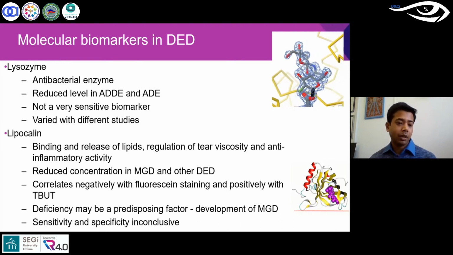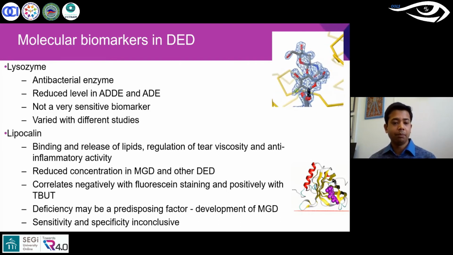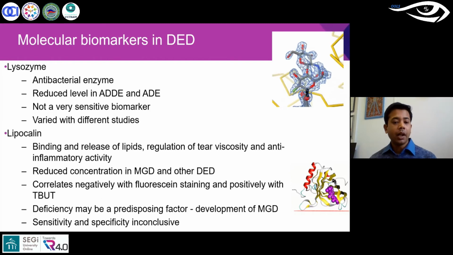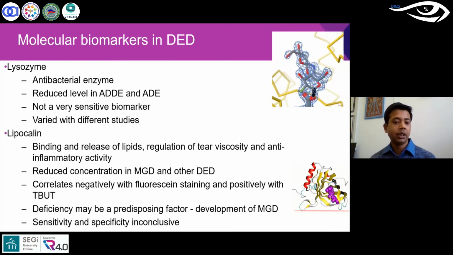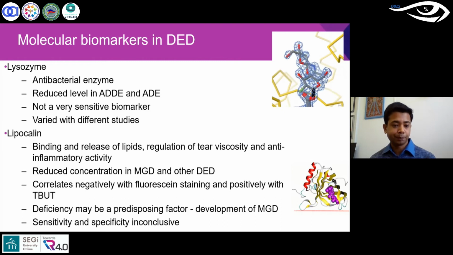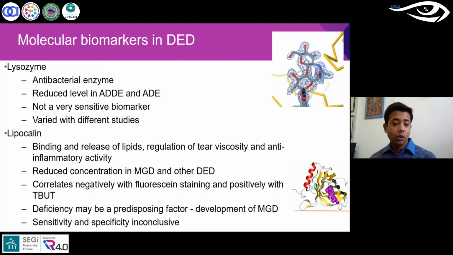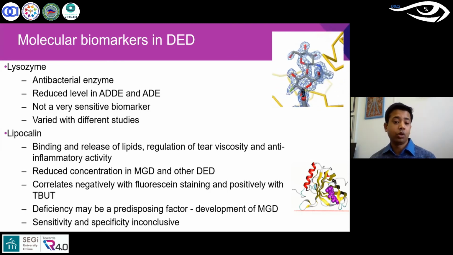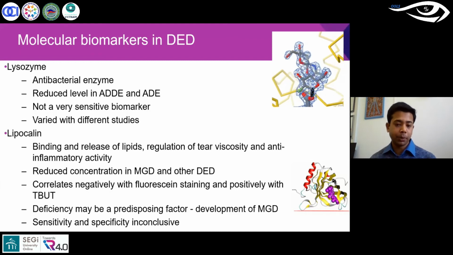The next is lipocalin. Again, it's involved in binding and release of lipids, regulation of tear viscosity, and anti-inflammatory activity, which is very good for our eye. It has reduced concentrations in meibomian gland dysfunction and other types of dry eye disease, which means we need more and more lipocalin in the tear because it has anti-inflammatory activity. It correlates negatively with fluorescein staining. Of course, more fluorescein staining probably means more dry eye, and if it's more dry eye, lipocalin concentration will drop.